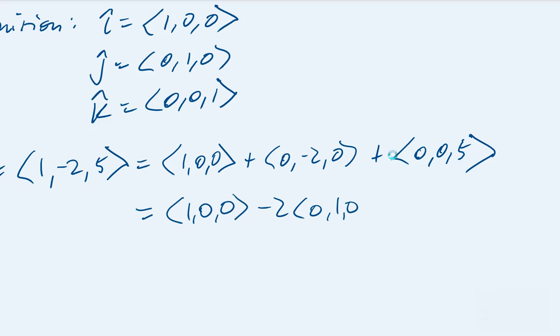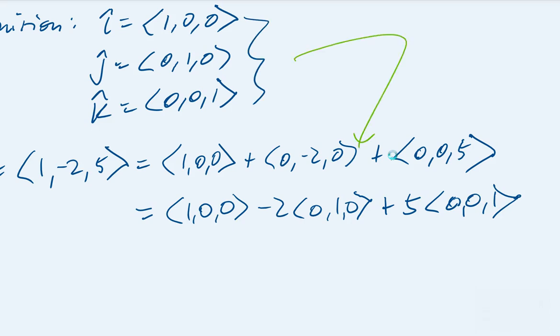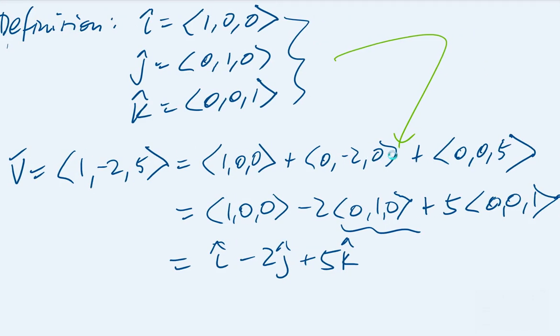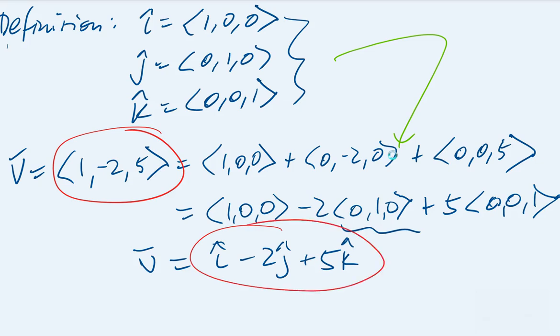No problem in that last bracket, plus 5 times 0, 0, 1. And the way I've defined these vectors, I can pull them down there. So what we get is i minus 2 j plus 5 k, like that. So that's the vector, we called it v. These are equivalent.